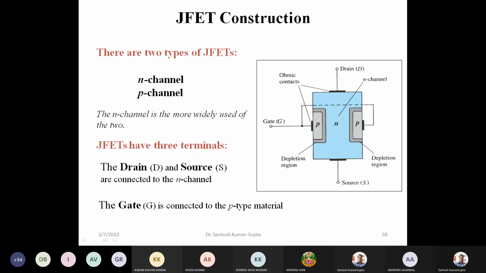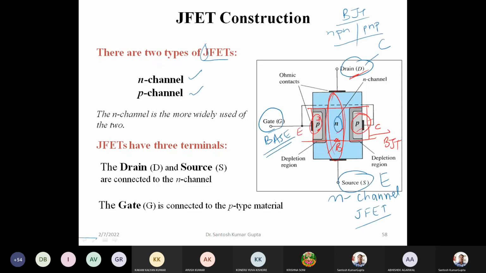Once we have these regions created, these P plus regions, we can see that a depletion region is also created. We know that as soon as we put two different types of materials together, a depletion region is created across the junction.